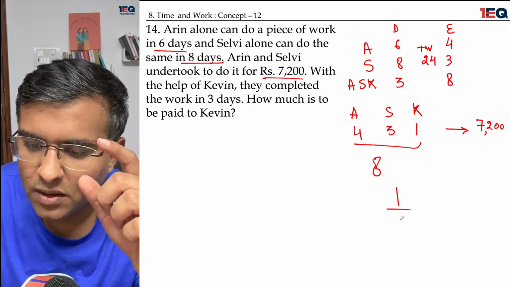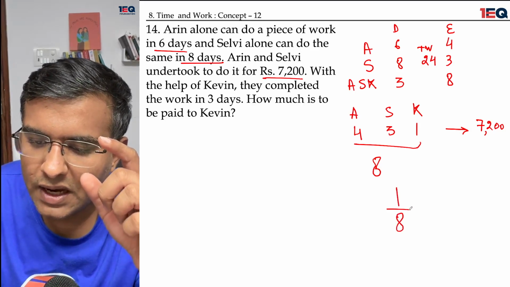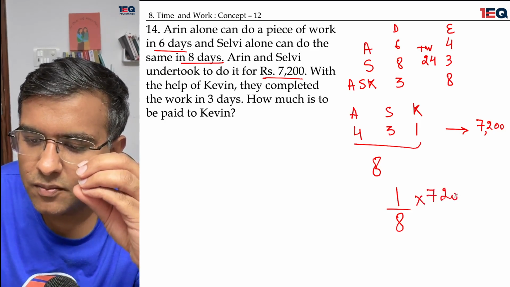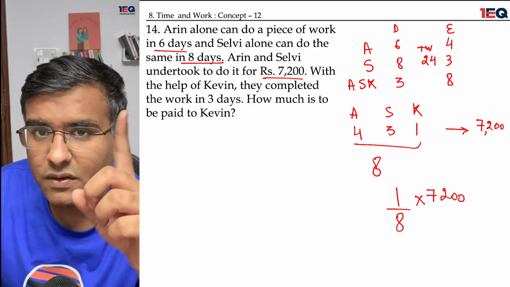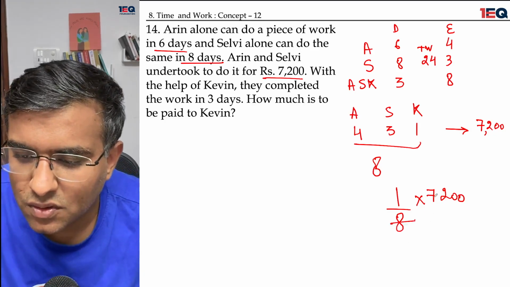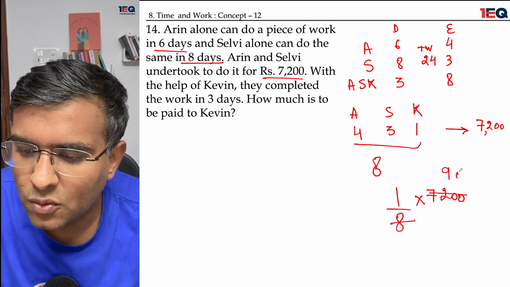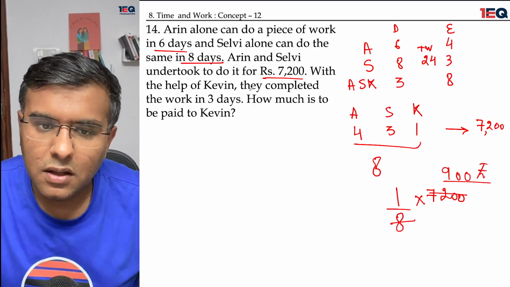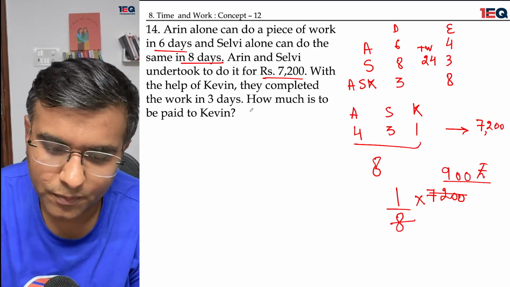So 1 by 8 times 7,200 would be my answer, because Kevin is supposed to be given only one portion out of a total number of 8 portions. So 8 nines are 72, and 900 rupees is the money that Kevin would take home.